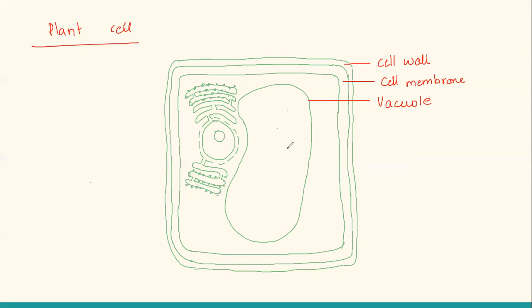Correct. Now you make the Golgi apparatus somewhere, wherever you have space. I have more space here, so I'm making it here. Wherever you have more space, make the Golgi apparatus there because that is usually the biggest one, right?